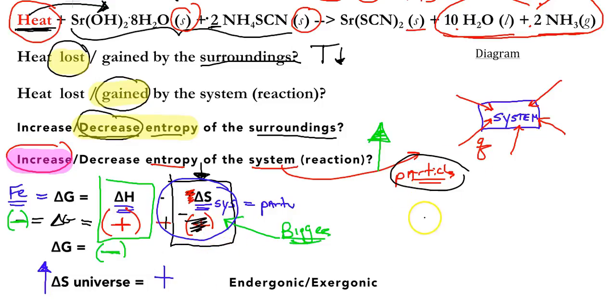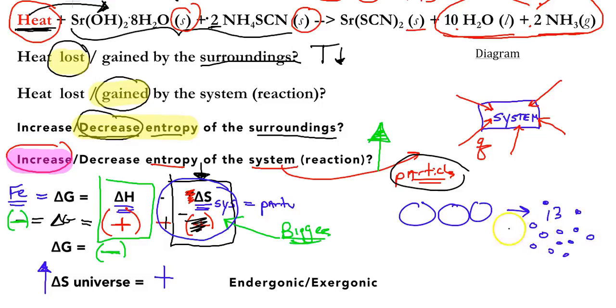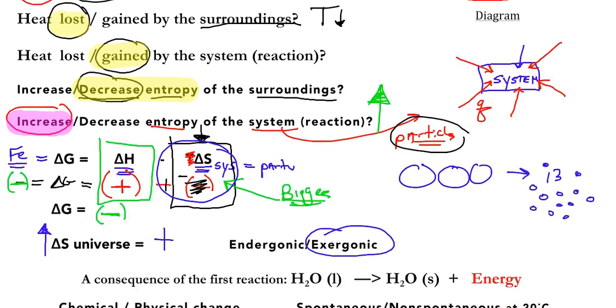Because the particles, 3 big particles, became 13 smaller ones. And that dispersion of particle motion was enough to overcome the what? Heat that made the molecules slower. This was a bigger event that drove it. Clearly this is exergonic. It's spontaneous.